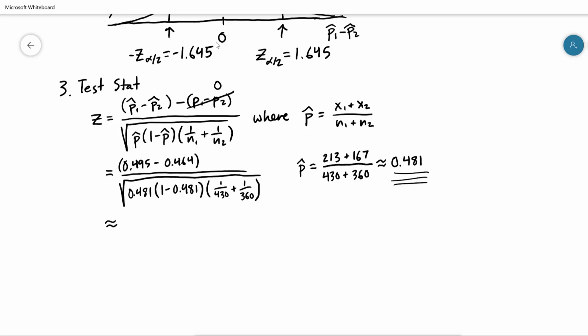So just give me a minute here. And I get about 0.869-ish, or if we're just going to use 2 decimals, about 0.87. Good enough. Okay, so there's my test statistic, 0.87.